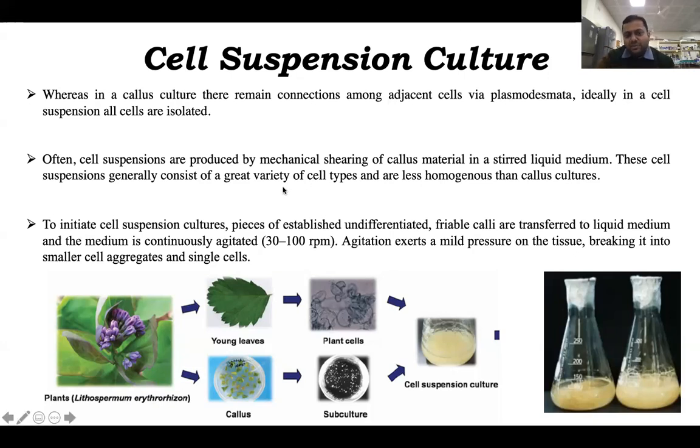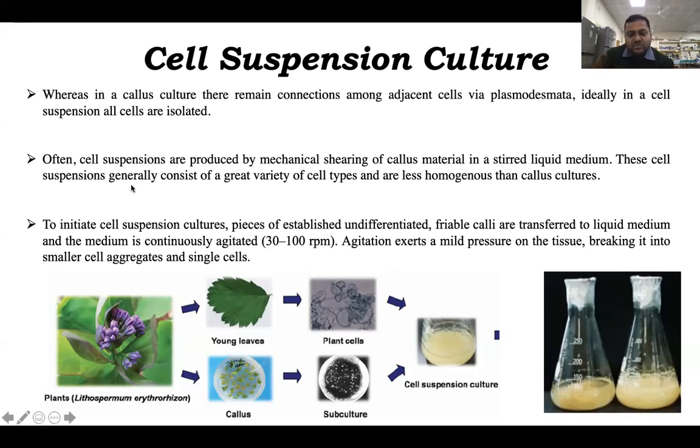So cell suspensions are actually produced by mechanical shearing of callus material in a stirred liquid medium. So what we do is we prepare a callus like you see over here. You prepare a callus and then put the callus in a culture, and due to the agitation or the shaking, the callus will shear off into small pieces, just like a mass of 4 to 5 cells.